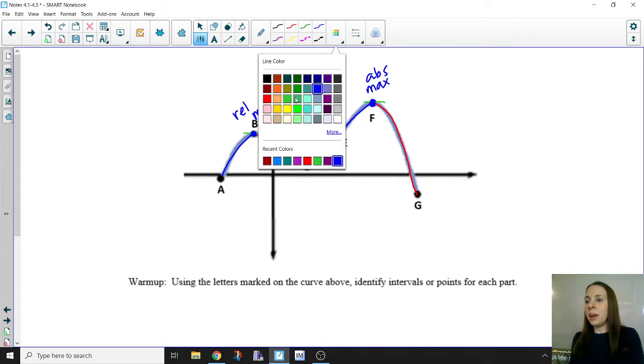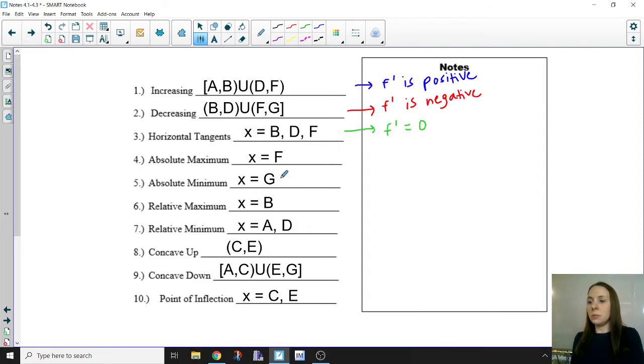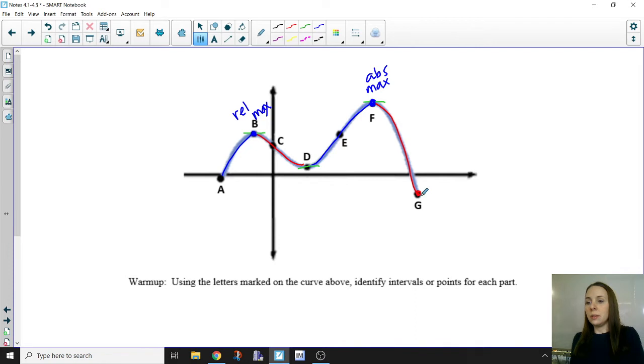And then let me grab red and I will identify the absolute min. Where's the absolute min? I said it was at x equals g. Right there. It is the lowest point of them all, so that's why we call it the absolute min.